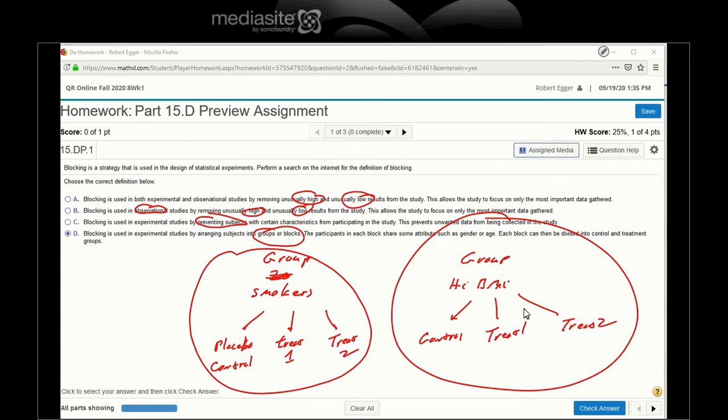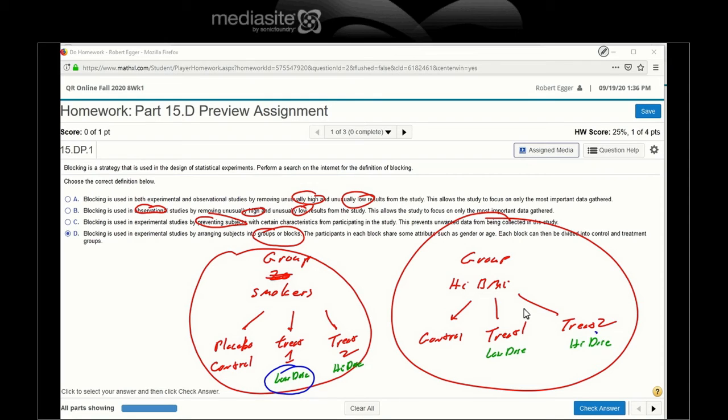Why? Just for argument, say this is low dose, high dose. In a study, you may find that, hey, to get the results we're looking for, the low dosage treatment may be best if you're healthy in all respects, but you're a heavy smoker.